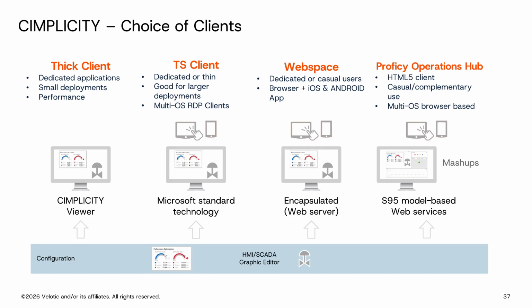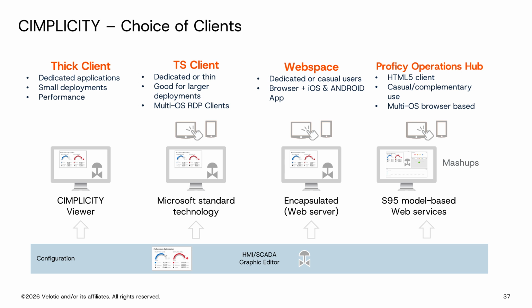What I've been demonstrating for you today for visualization so far has been our Simplicity thick client, and they are very performant because they directly communicate with the server and display graphics in a very optimized way. You can further optimize the management of those clients by using thin client capabilities like our terminal services client that allows you to run a thick client on a terminal services server and then RDP or remote desktop into that server with multiple users and each get their own instance of the client, but having to only maintain the screens in one spot.